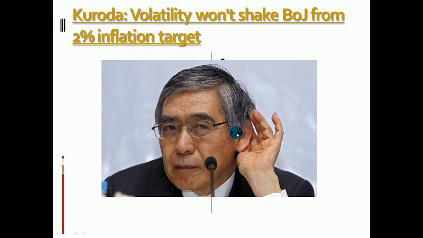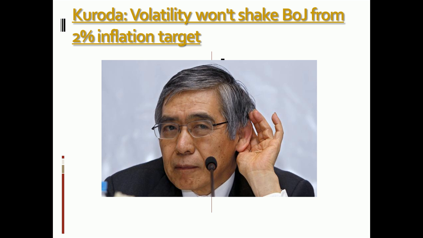Now, this is Japan's best friend, Kuroda. The Bank of Japan will pursue its objective of boosting inflation to 2% within 2 years, even if the action triggers market volatility. This is what Governor Kuroda told the parliamentary committee.